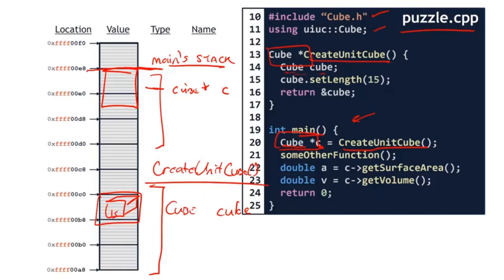And then we return a memory address to the cube. So that means createUnitCube's return value is cube. And that means that c points to this stack memory. So I'm going to redraw this to clean it up just slightly. And we're going to see exactly the same thing with a pointer from main's memory into cube's memory.